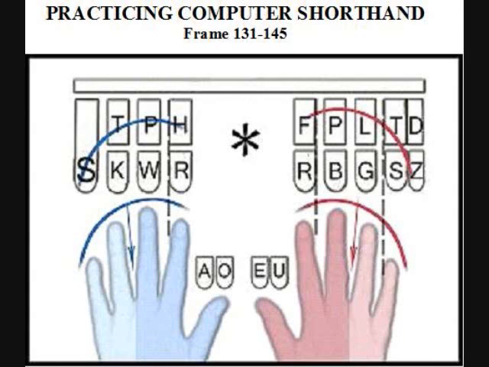Okay, frame number 144. This is final RLD. The only significant word that I found in my research that uses this is the word world. So this is a lot of talking for one word, but anyway, it's a difficult stroke because you have your index finger anchored down.